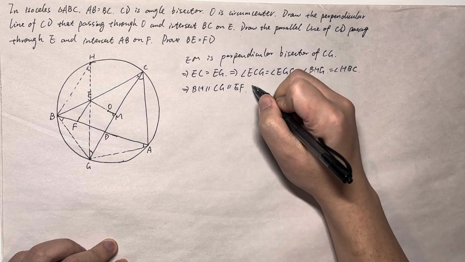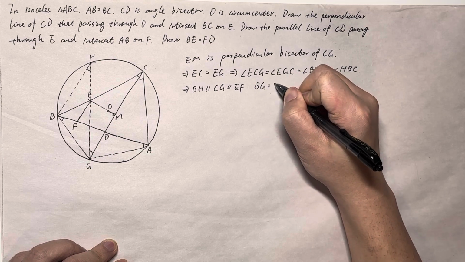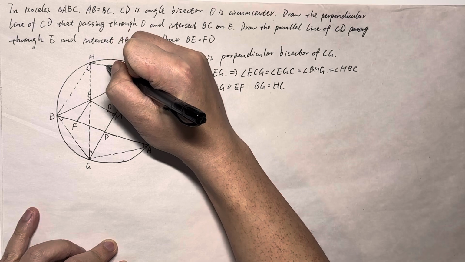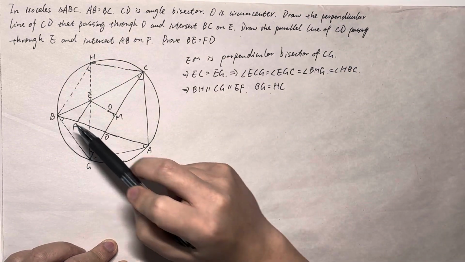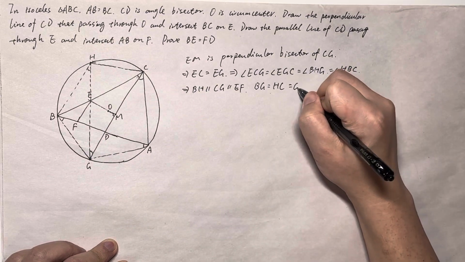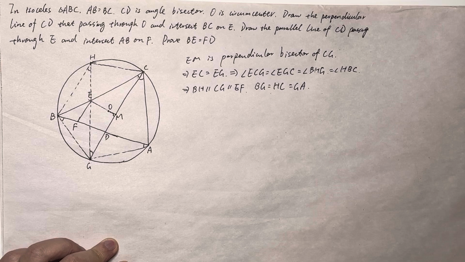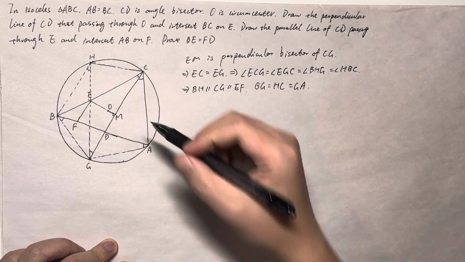And we know that BG equals HC, and BG equals GA. Now we think about the triangle BAC.